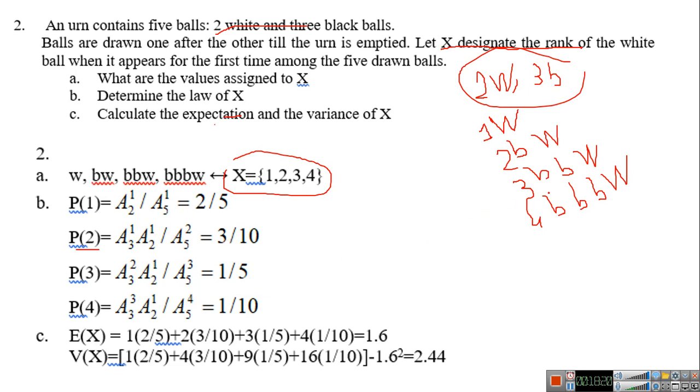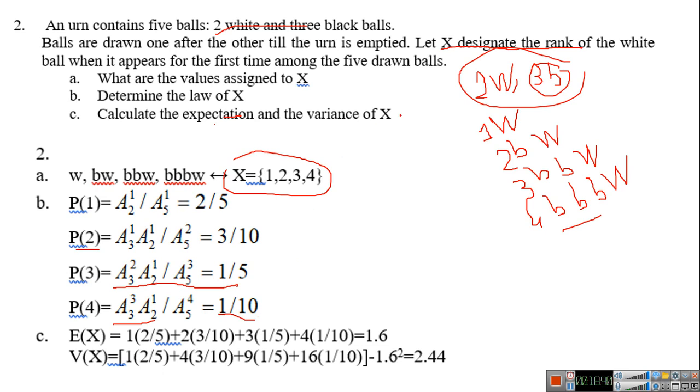To get 3, I need 2 black, 3 out of 5 and 2 out of 4, then white, 2 out of 3. And to get 4, I need 3 black, then 1 white, so we have 1 out of 10.